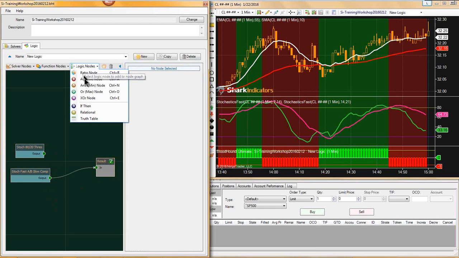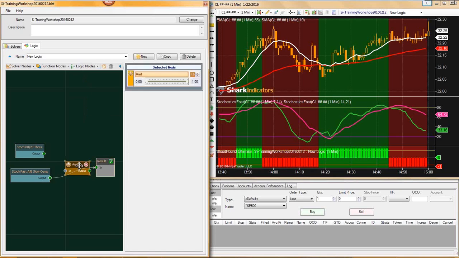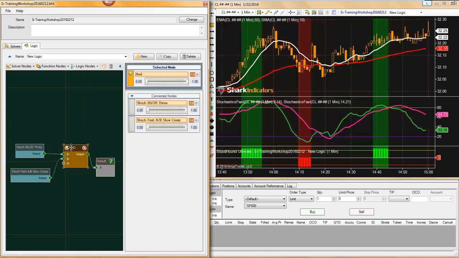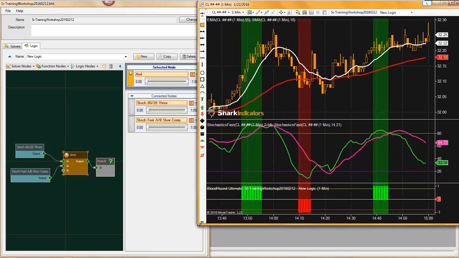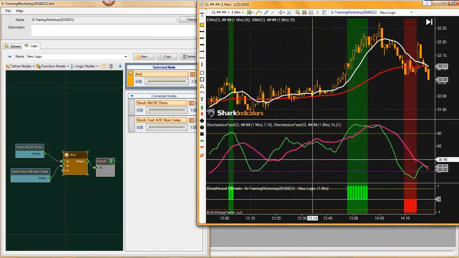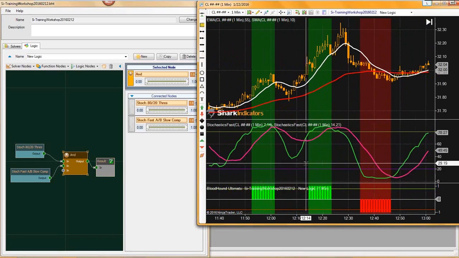Alright, so I was trying to demonstrate the AND node next. Let's plug both of these in. Somebody might think the AND node gets me what I want, but actually the AND node isn't what is needed either. Let me move back to a cleaner looking part of the chart.